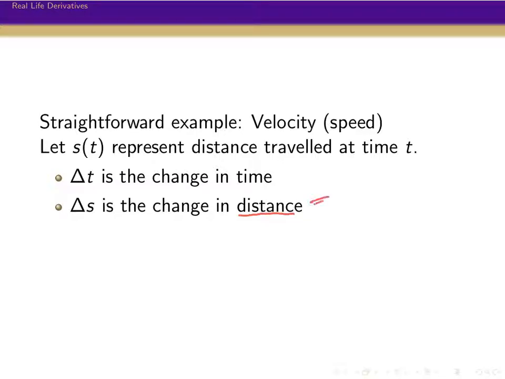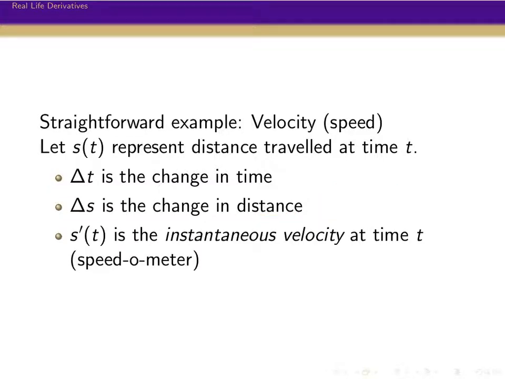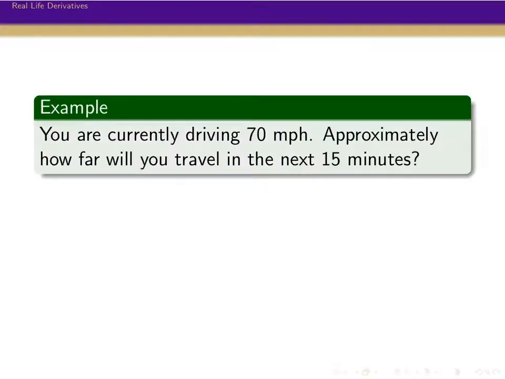And then the derivative at t is going to be talking about the instantaneous velocity at time t. You can think about it this way: if s of t is tracking the distance traveled by a car, then s prime of t is going to be looking at the instantaneous velocity, kind of what you'd get from the speedometer, how fast the car is moving.